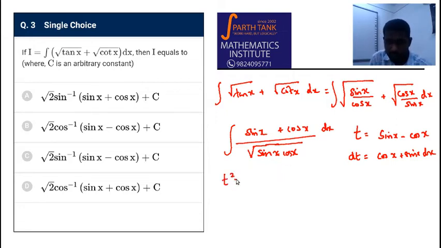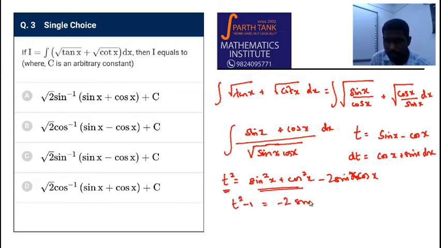Find t squared. T squared is sin squared x plus cos squared x minus 2 sin x cos x. Now sin squared x plus cos squared x is 1. So t squared minus 1 is minus 2 sin x cos x, or sin x cos x can be written as t squared minus 1 by minus 2, or 1 minus t squared by 2 basically.